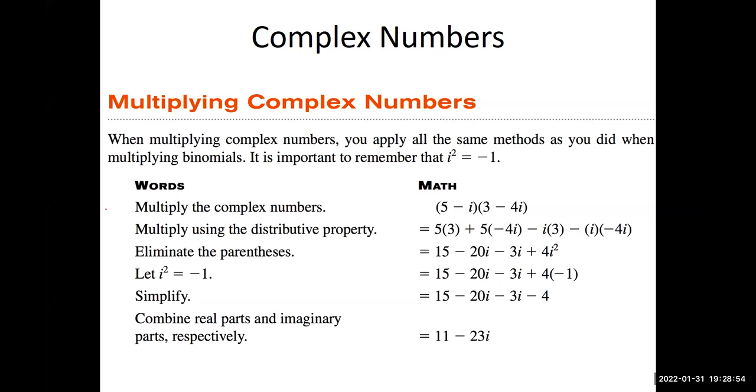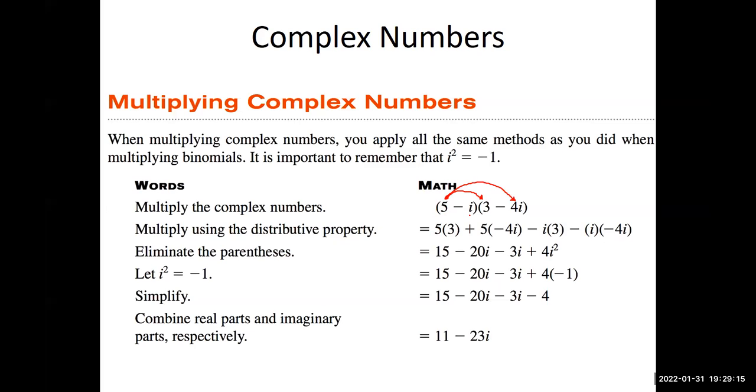So, let's multiply using the distributive property. So that means na itong 5 na to, okay? 5 will now be multiplied to 3 and it will also be multiplied to negative 4i. Okay?